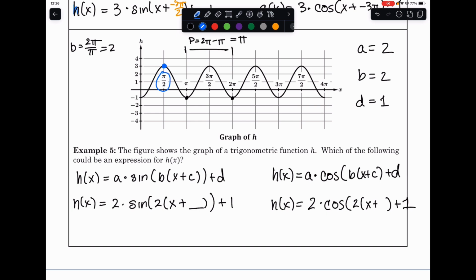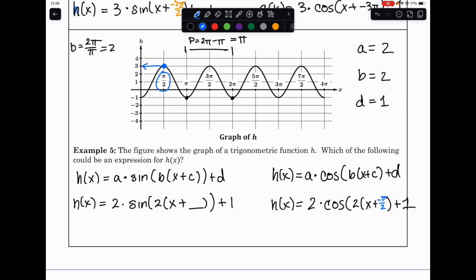So that means that to get there, I would have to shift it to the right, from the original one. I'm talking about the original function, which looks like this. I would have to shift it to the right, pi over 2 units, to move that point from 0 to that location. So if I think about this backwards and I look at this function right here, at the transformation, at the shift, I would have to shift this back to the left, pi over 2 units, so minus pi over 2.